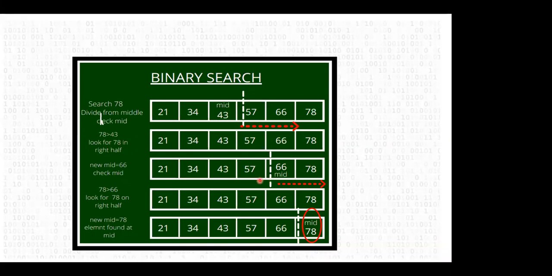Now repeat the same thing in the right half of the array. Find the new mid, and here the mid for this right half is 66. The next step is to compare that with the target. Here the target is 78, the mid is 66, so the target is greater than our mid. So again, I'll skip the left half and just look at the right half of the array.